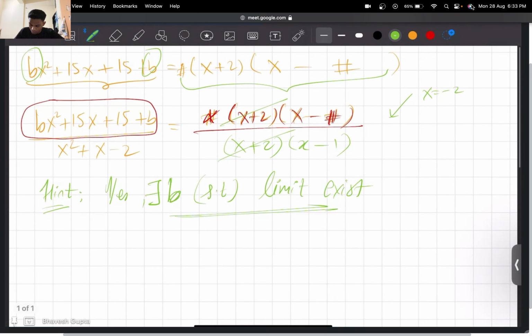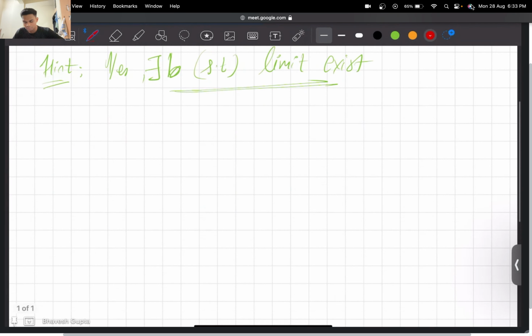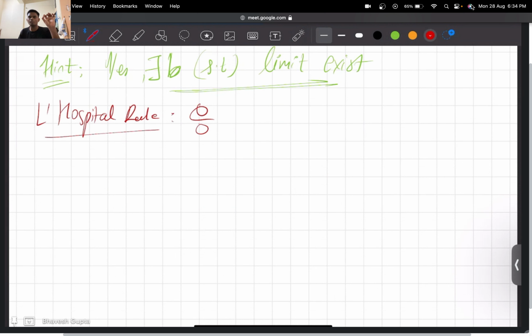And I can tell you how to solve this problem. The trick which I have told you earlier, you can use the L'Hopital rule, because the limit is 0 by 0 form, right? So you can differentiate numerator and denominator, and this will still give you the answer.